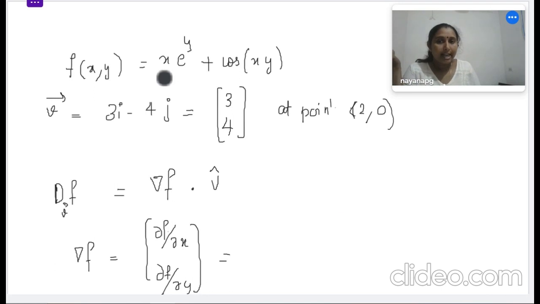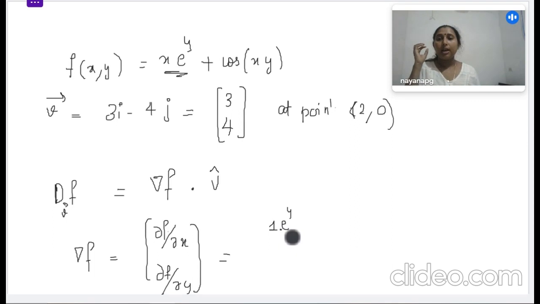Here the function is x e raised to y plus cos of xy, and finding its partial derivative with respect to x, the first part: the derivative of x is 1, and e raised to y is e raised to y itself, because y is constant there.